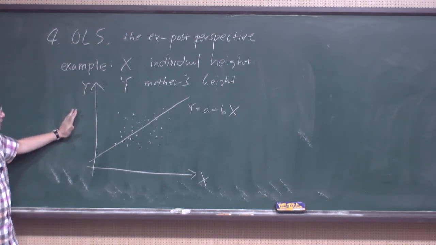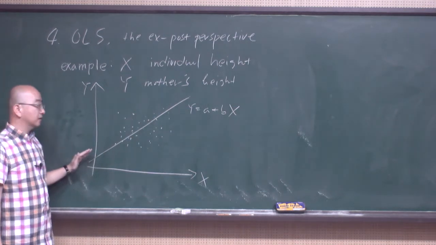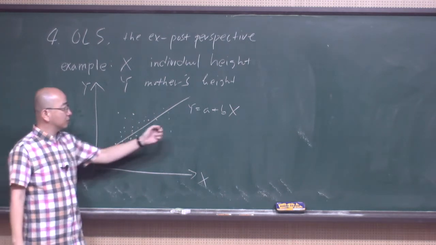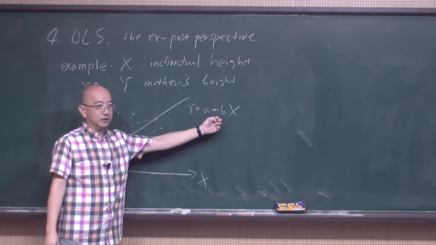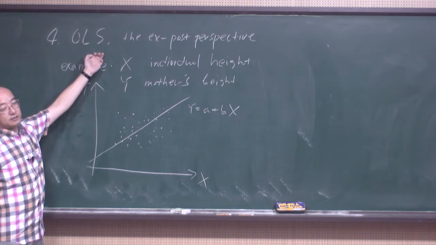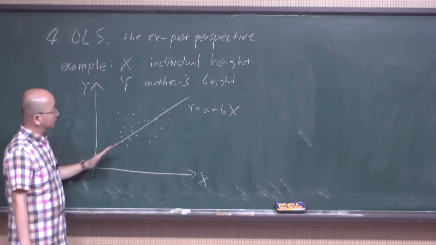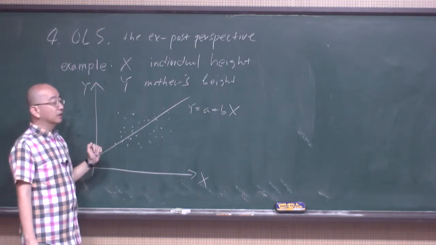And there are many ways to determine this line. There are many ways to determine the values of A and B. And ordinary least square is just one of many possible ways of determining this line.